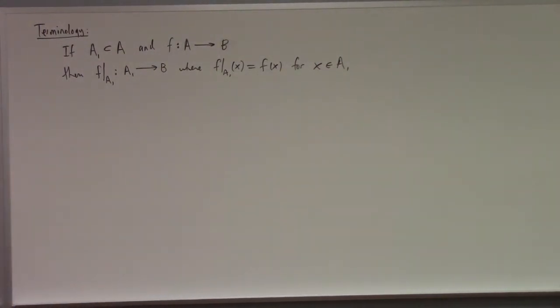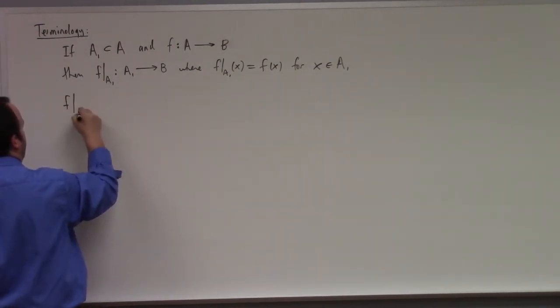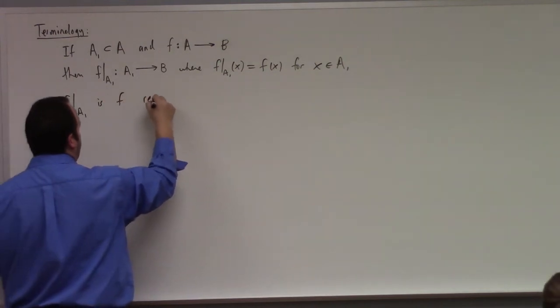We talked about this a little bit before when I talked about open. Remember, we talked about the idea of a local inverse, taking the sine function and restricting its domain so that it becomes invertible, or the cosine function restricted to 0 to pi becomes invertible, or the tangent function restricted to minus pi over 2 to pi over 2, not included, becomes invertible. So here, f restricted to A1 is the so-called restriction of the function to A1.